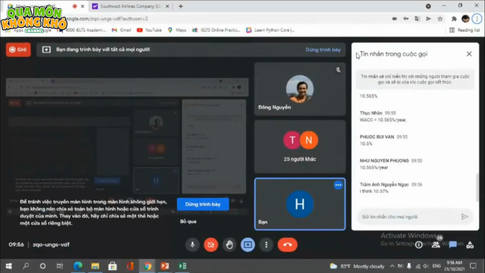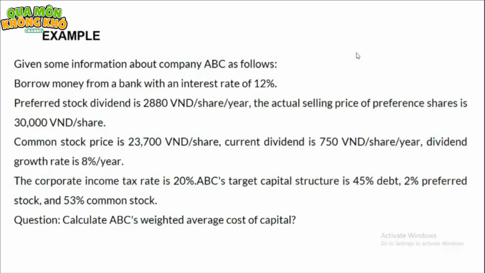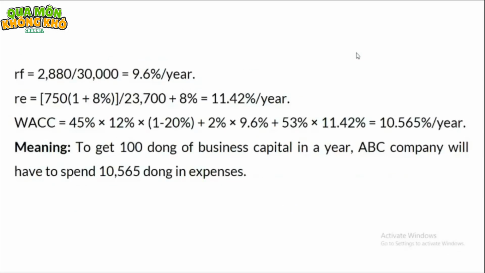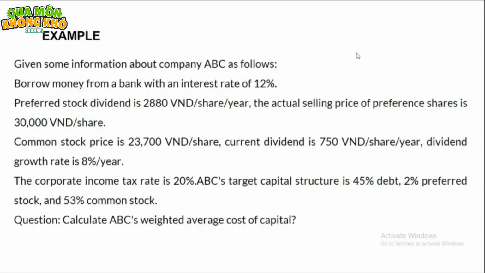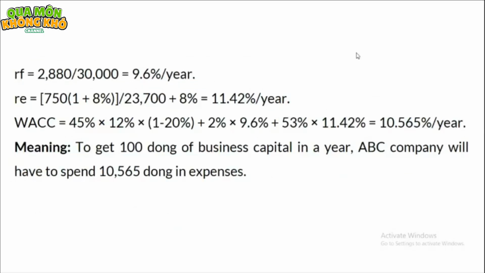Okay, I will go to my answer. Before this, I will explain the question. Borrow money from a bank with an interest rate of 10%, so the cost of debt is 10%.